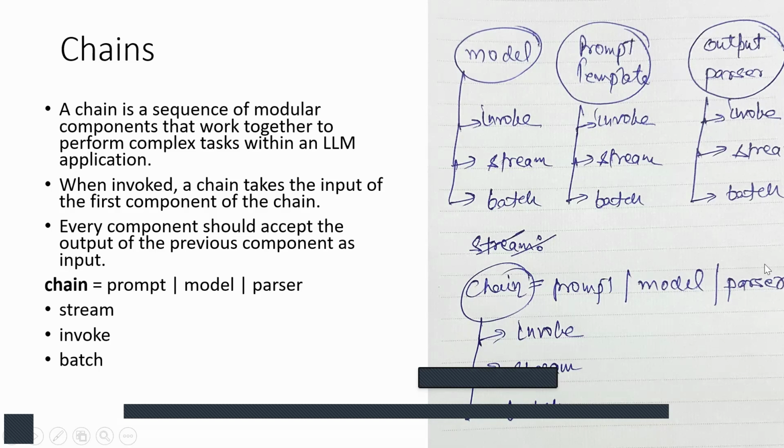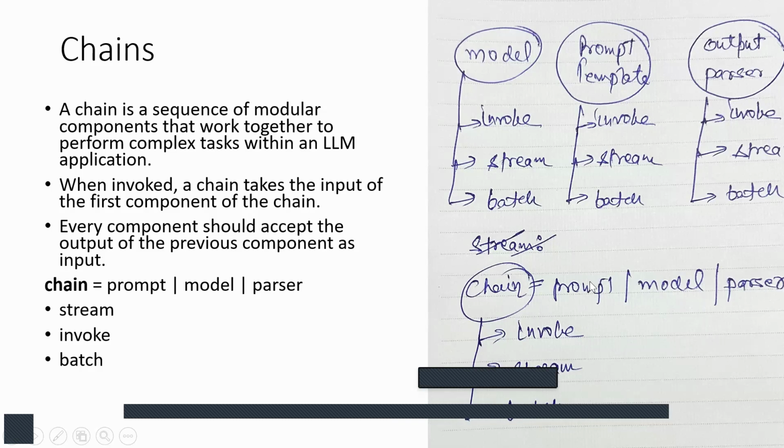This LCEL expression means that whenever I invoke this chain, I will be passing some input, right? That text or string will be passed to my first component as an input. For example, my question was, what is transformers? So when I do chain.invoke with "what is transformers", that string will be passed to the prompt, my first component in the chain.